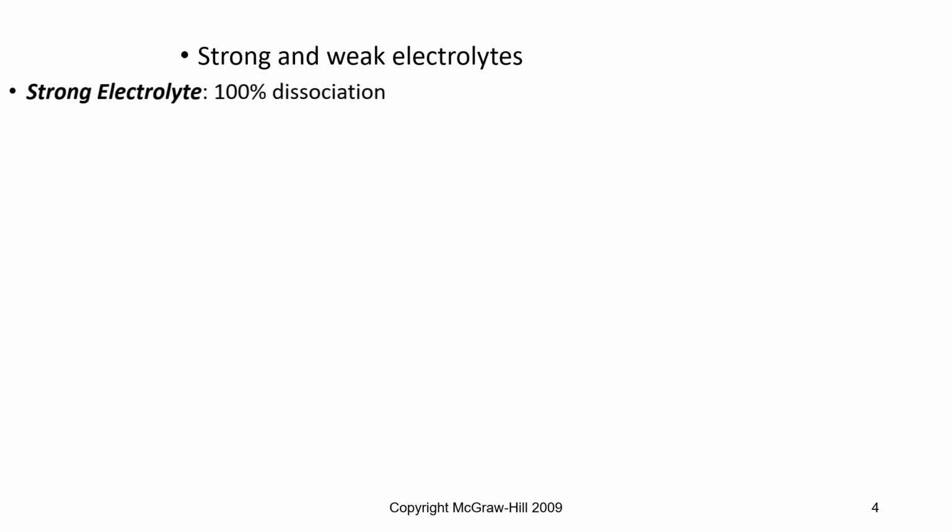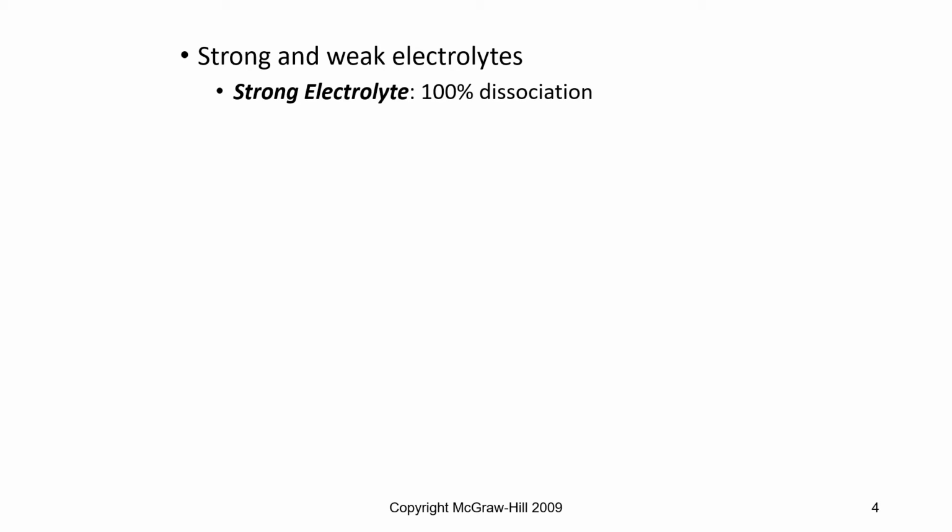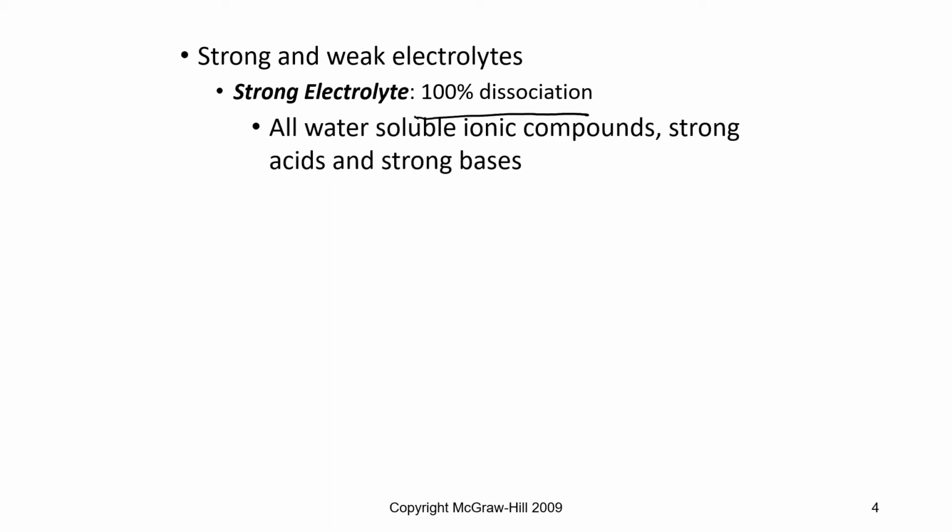So we can also classify electrolytes as strong or weak. If we have a strong electrolyte, it dissociates 100%. And that means that there are no original formula units left. So when we use that sodium chloride example, the only thing we have after the dissolving process are ions.